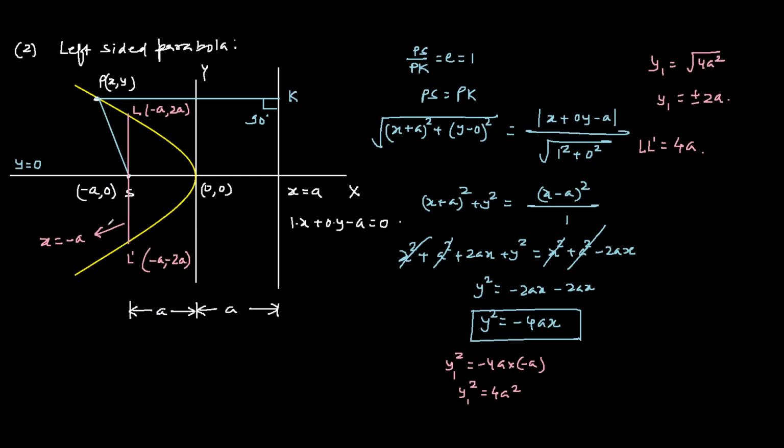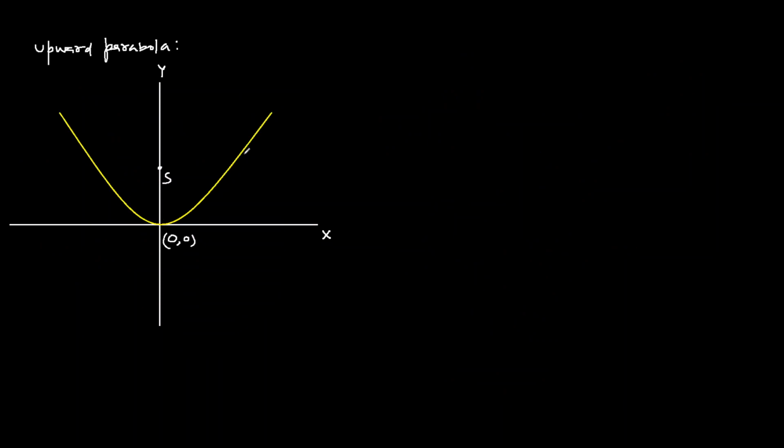Now let's see the upward parabola. Now this is an upward parabola. The vertex is at the origin, that is 0, 0. The focus is at S, and we know that the distance of the focus from the vertex is a. So the coordinate of this focus is 0 comma a. Now we have another line which is called the directrix, and the directrix is at a distance a from the vertex.